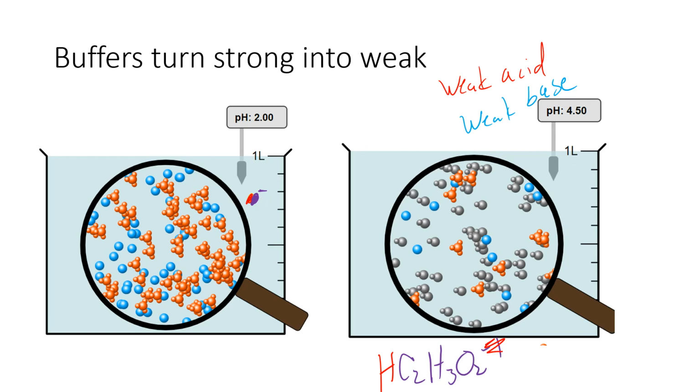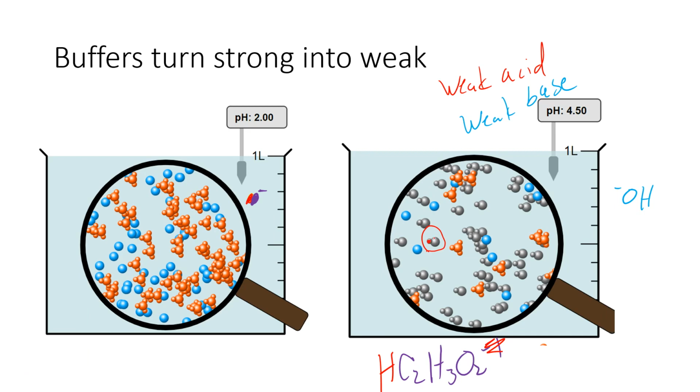And likewise, if you add a strong base to something that has a weak acid, so one of these right here, that's a weak acid, right? A strong base, like OH minus, is like, hey, I want to cause some trouble. What will happen is that weak acid will give up its H plus.